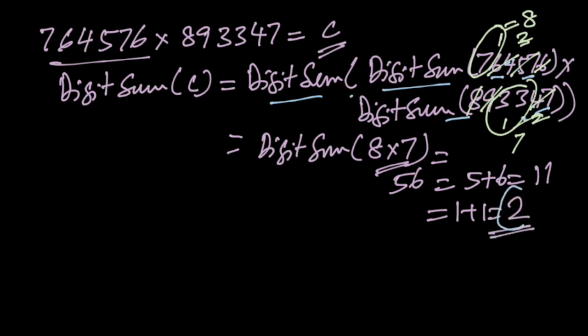All those given answers where the digit sum is not the same as 2, we can straight away mark them as wrong answers. Now let's take the fifth case, remainder theorem.